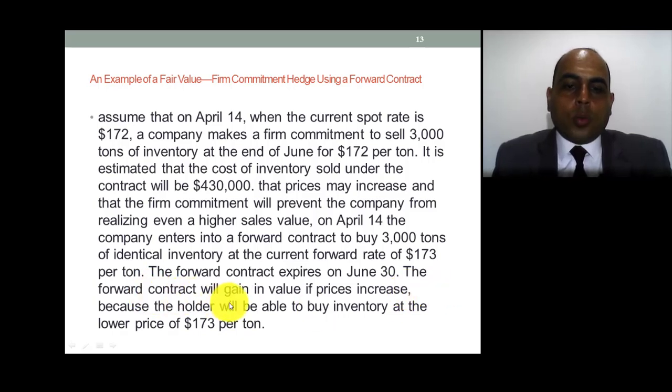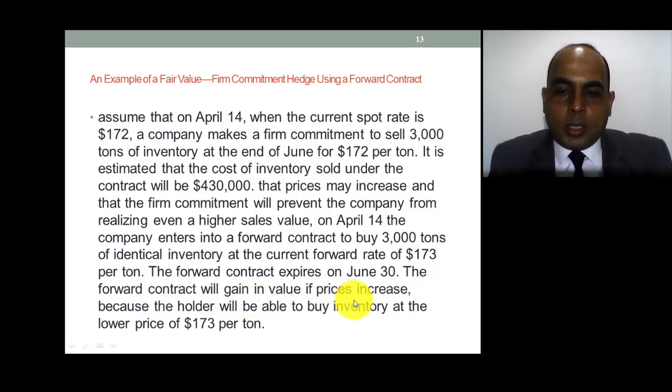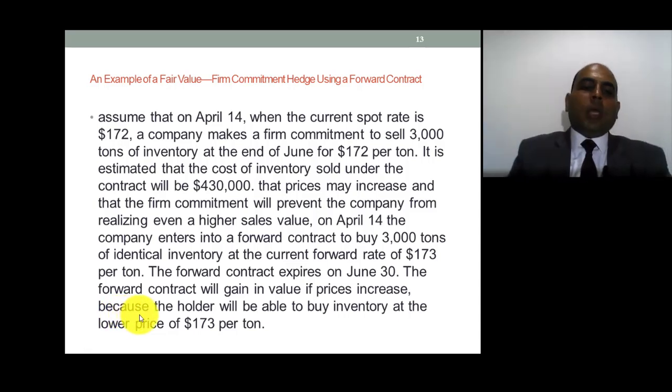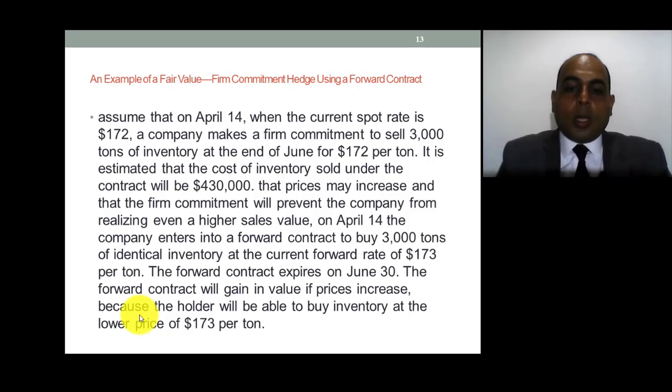The forward contract will gain in value if the price increases, because the holder will be able to buy inventory at the lower price of $173 per ton. Here we entered into a forward contract to buy 3,000 tons at $173.